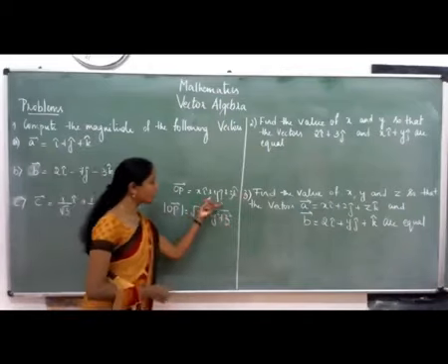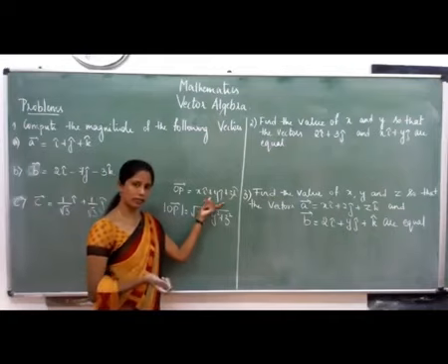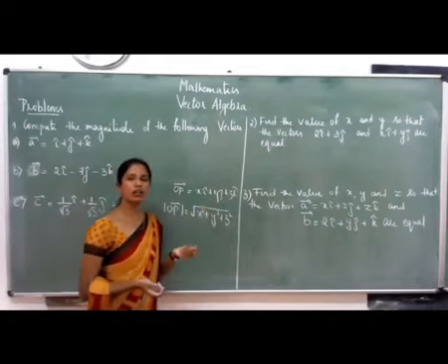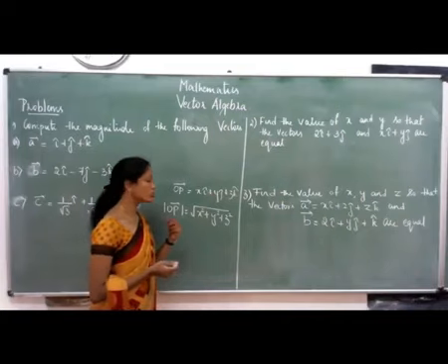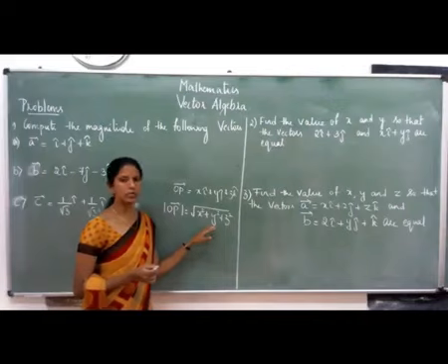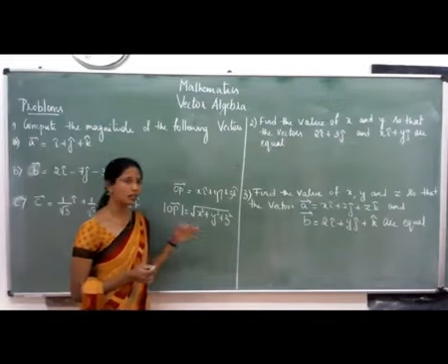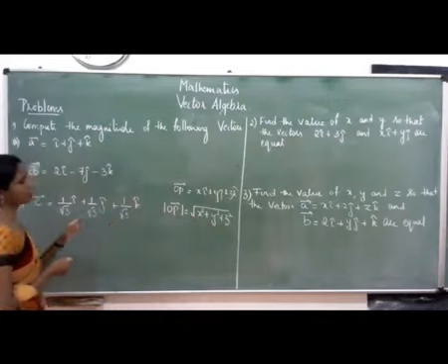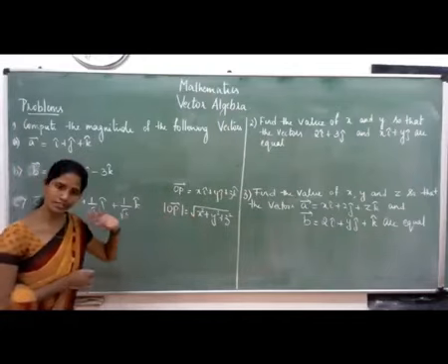Any vector in this form is called component form, where x, y, z are called scalar components. To find its magnitude, you should take its scalar components, square them and add them under the root. Whenever they ask magnitude, you should follow the same step.